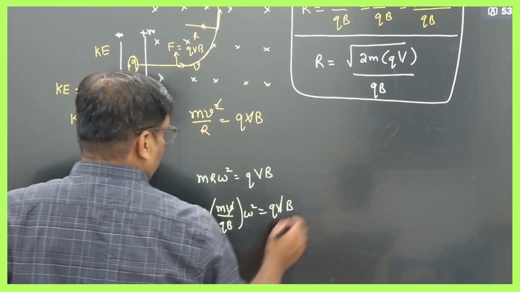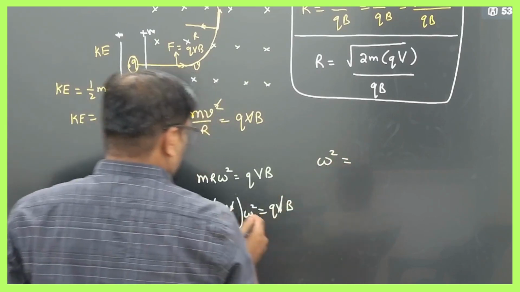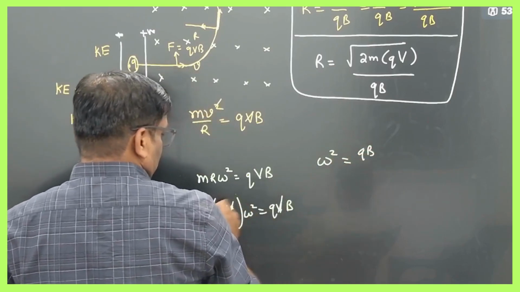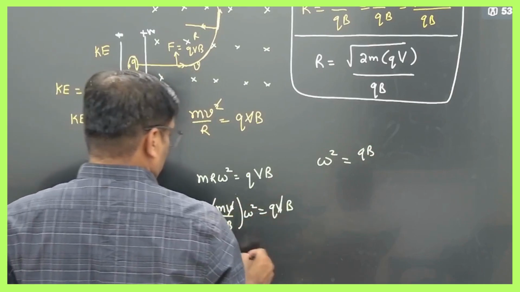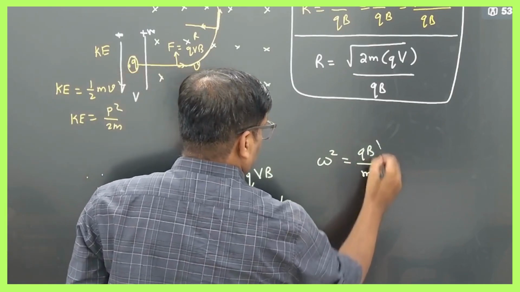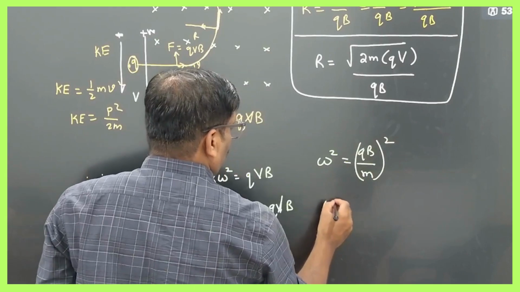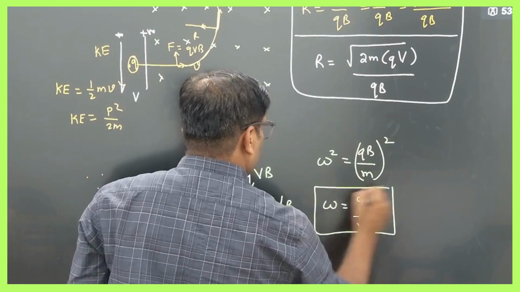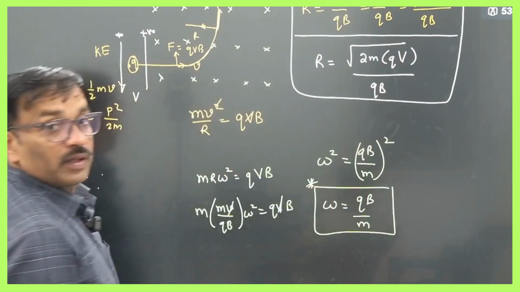what you can write here, omega square is equal to qb into qb, therefore qb whole square by m square, therefore omega is equal to qb by m. So this will be your angular velocity.